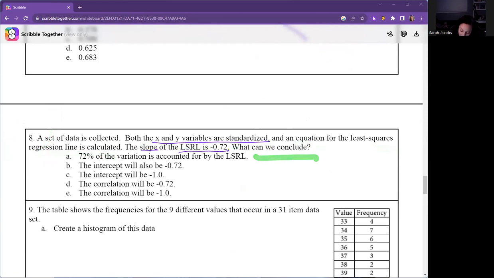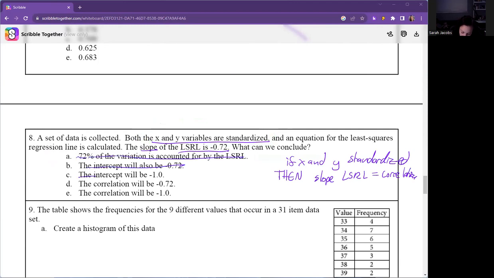So if x and y are standardized, so basically turned into a bunch of z-scores, then and only then the slope of the least squares regression line is equal to the correlation. So that's what we're looking for here.